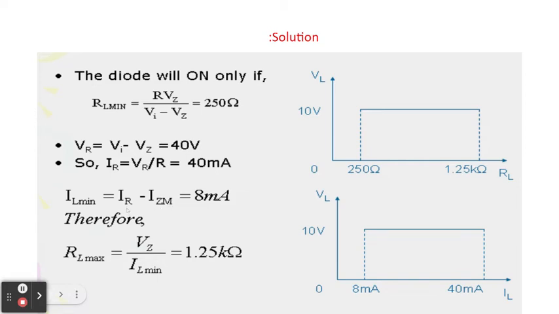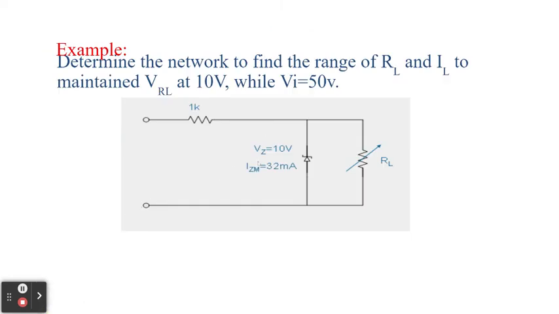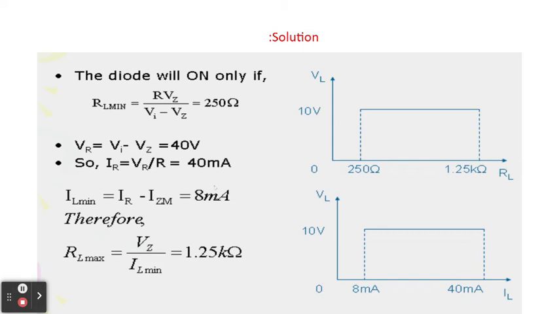If you go back to the previous slide, the IZM was given as 32 milliamperes. So 40 milliamperes minus the 32 milliamperes here, we will be getting 8 milliamperes.